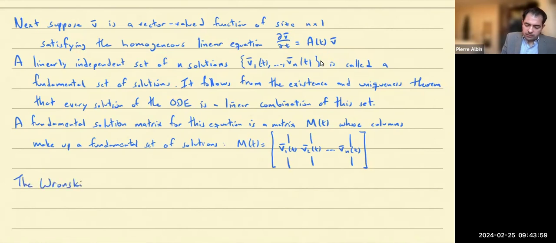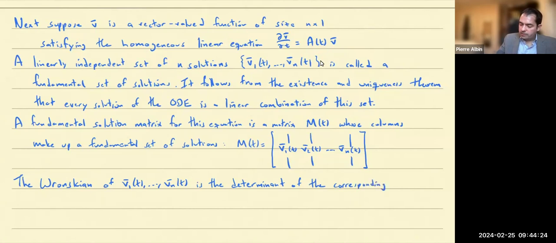The Wronskian of v1 to vn is the determinant of the corresponding fundamental solution matrix. Right?